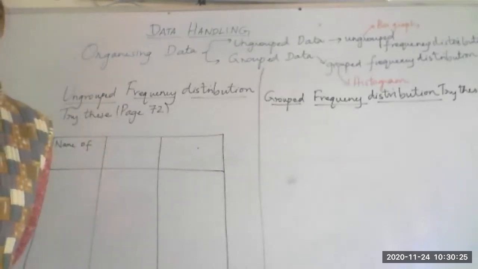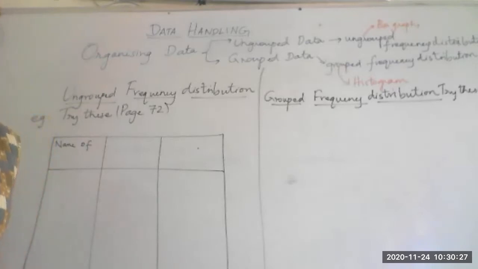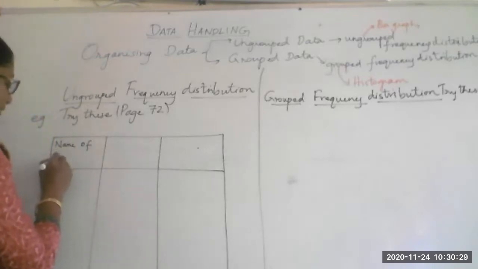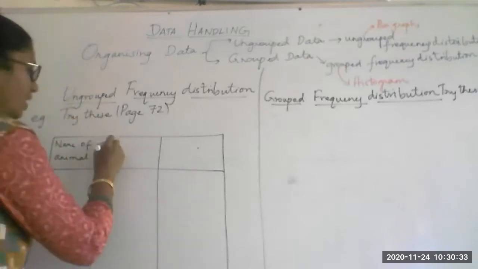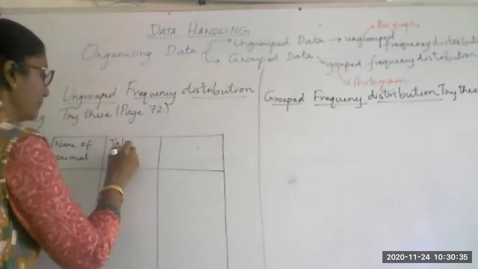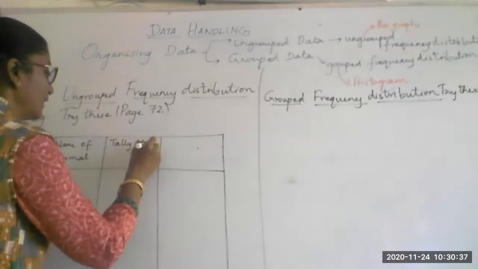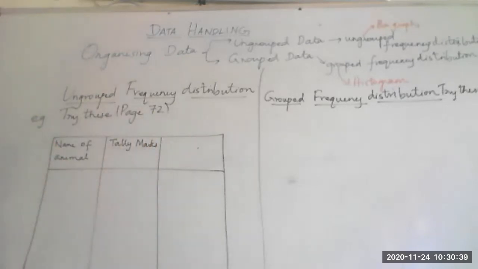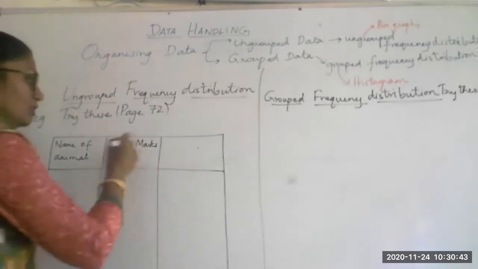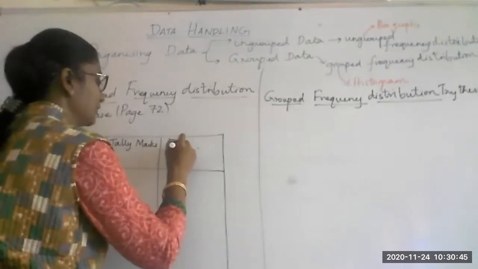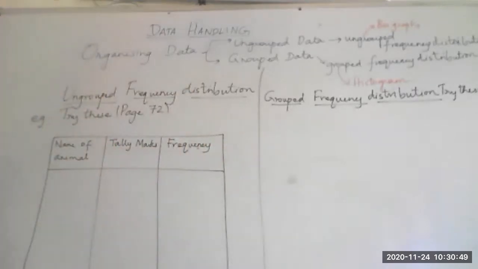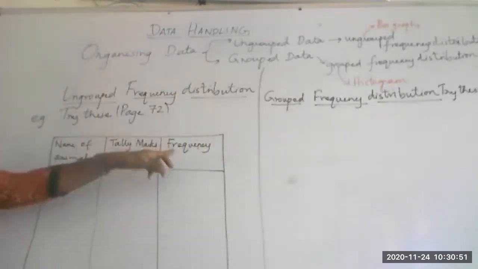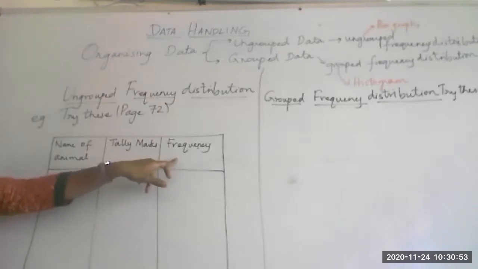A group of students were asked which animal they would like to have as a pet. Then you will say how many people like to have that animal as the pet. We will put it as tally marks. I think this you have done in the previous class also. Then the tally marks, when you total them, what you will get is the frequency. That means the number of people who like the particular animal will be totally shown as the frequency.